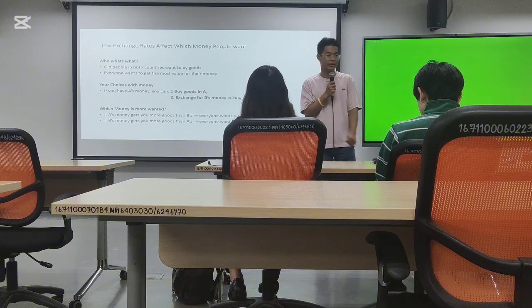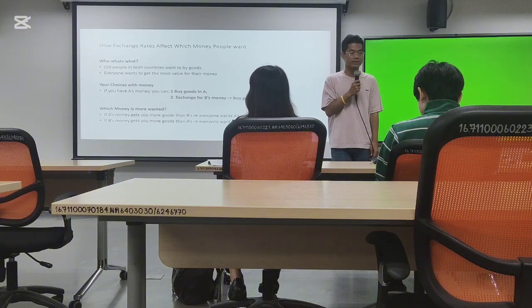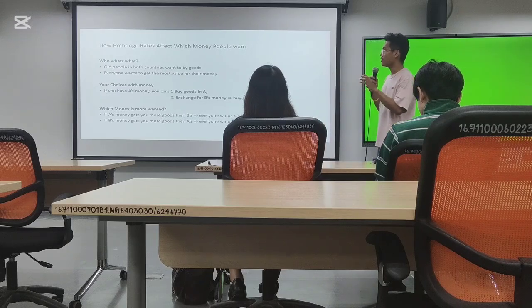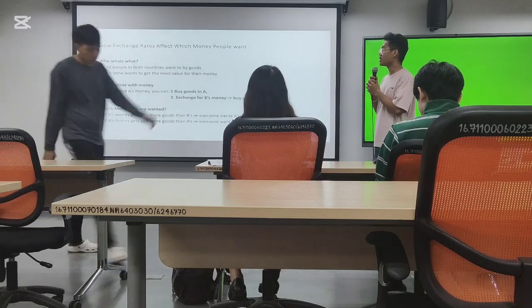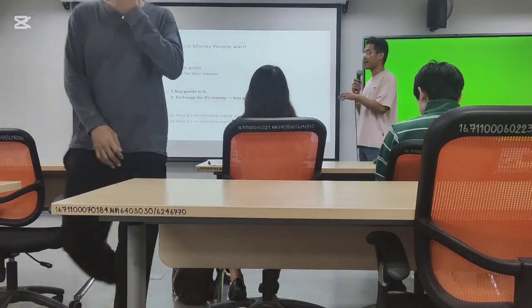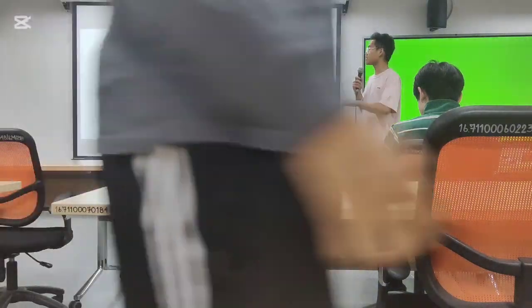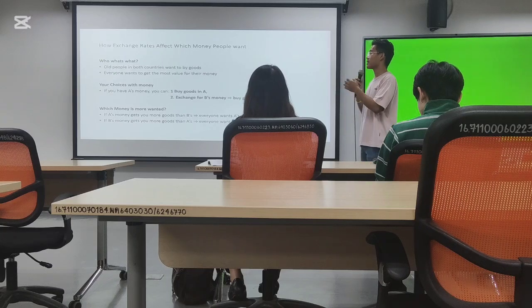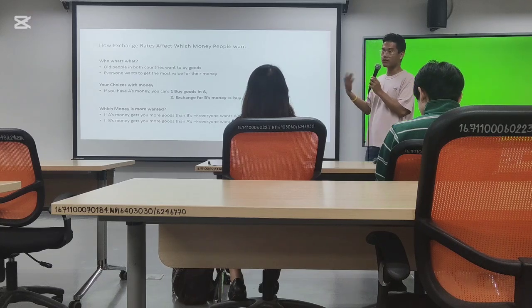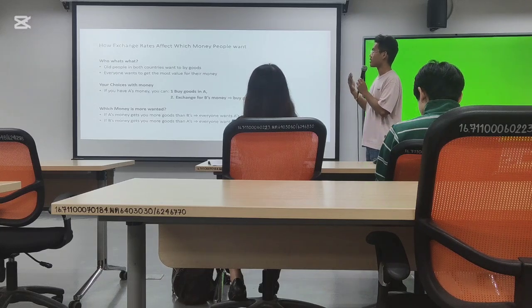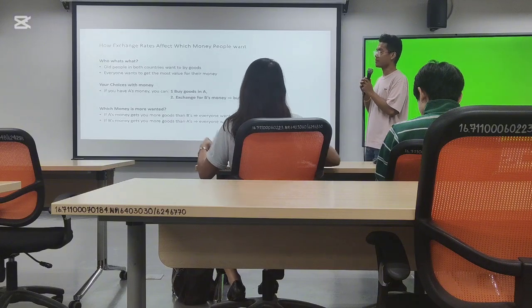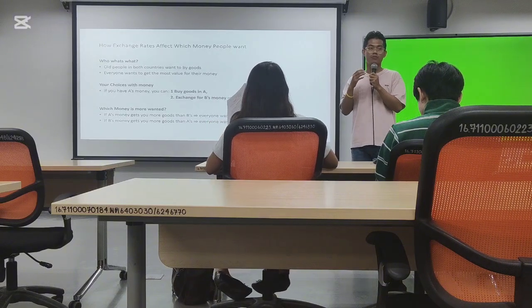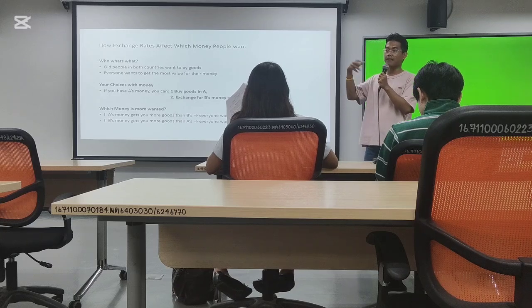Okay, so how do exchange rates affect which money people want? In this case, we simply note that everyone has to live two ages, the young age and then we become older, right? Let's say all people in both countries want to buy goods, and everyone wants to get the most value for their money, which means we want our money to be high value.